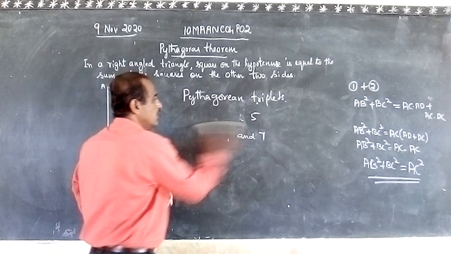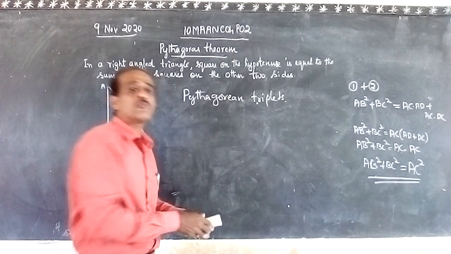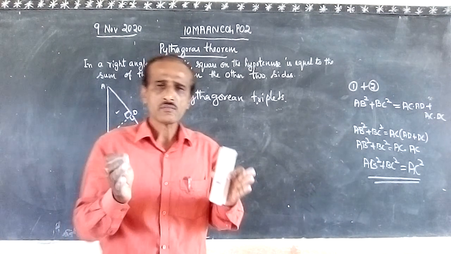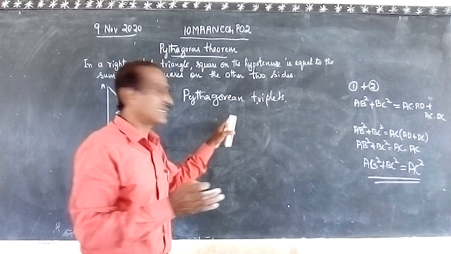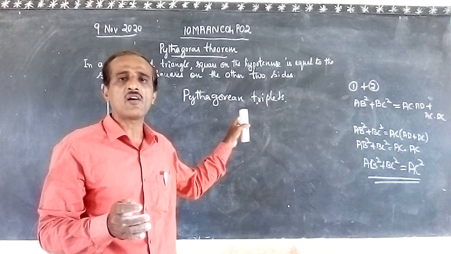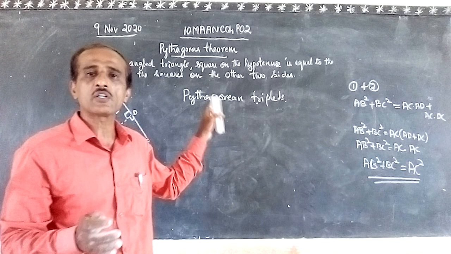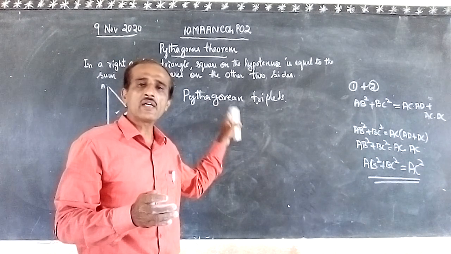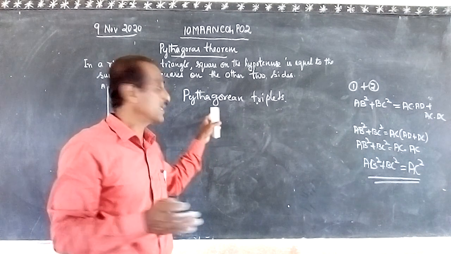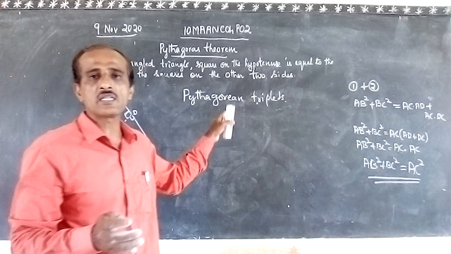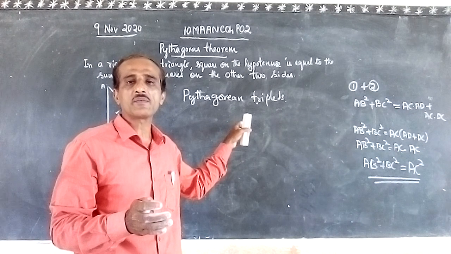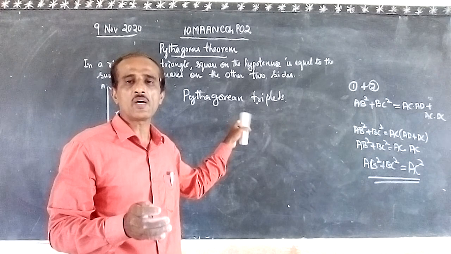Okay, so like this, many sets of numbers are there. How to check whether they form a right angle triangle or not? Suppose three numbers are given, and you need to check whether these three numbers are the sides of a right angle triangle or not. Then what you have to do? You have to check the square of the longest side. That means the square of the biggest number should be equal to the sum of the squares of the other smaller numbers.